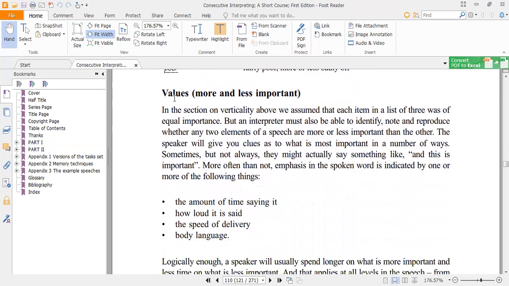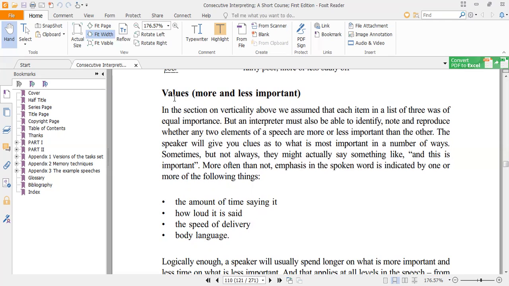Now, sometimes when you take notes in a consecutive interpretation session, some information is very important and some information is less important. You need to take both the most important and the less important as notes, because you need to convey the message completely, but at the same time you should highlight the most important issues.